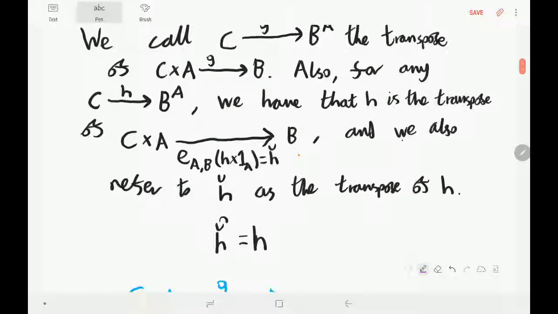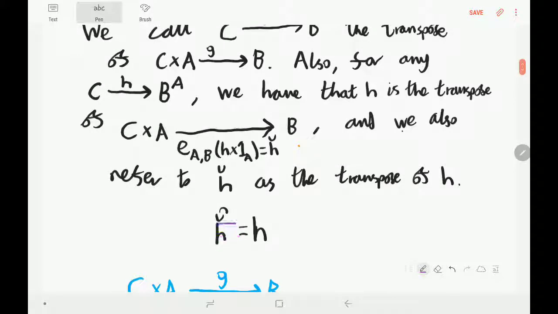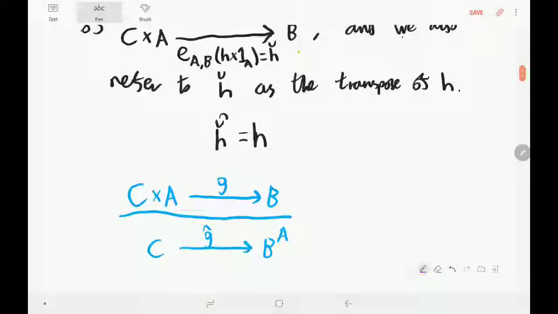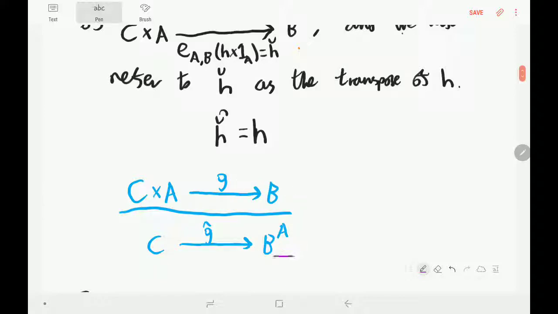Okay, so we have a property, of course, that H cup cap is H. So these cup and cap operations are just going either way between these two, and we have this equivalence. So when we draw this kind of vertical line, we mean that there's an isomorphism. So this is the isomorphism which is involved with these exponential objects.